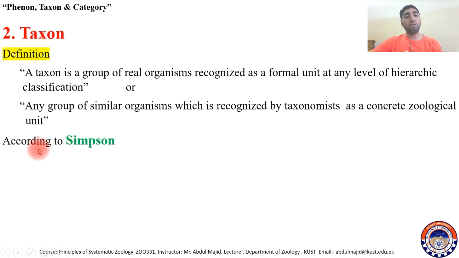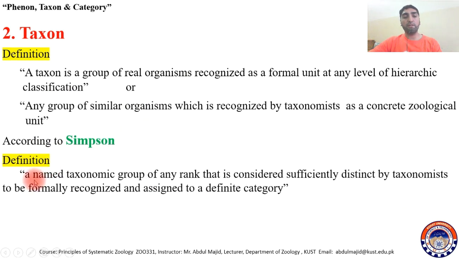So this was a general definition. Now according to Simpson, a taxon is a named taxonomic group of any rank that is considered sufficiently distinct by taxonomists to be formally recognized and assigned a definite category. So all the definitions are similar, but a little different from each other, but the basic purpose of all the definitions is similar.